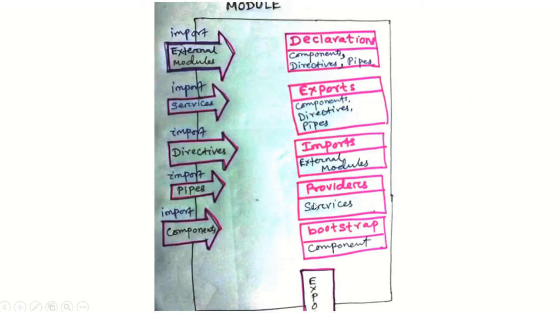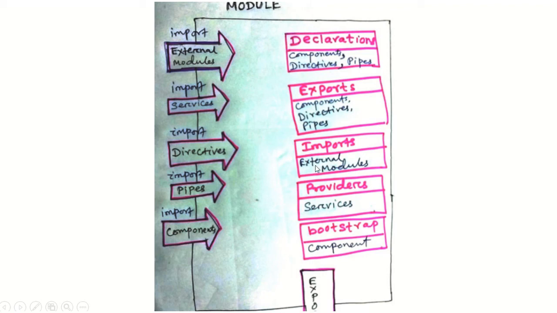Here there is a pictorial representation. We are importing everything here: external modules, services, directives, pipes and components. And where are we declaring them? In the declarations section: components, directives, pipes. We can also export the same components, directives and pipes to a different module, just like we imported here, this module can be exported to other modules.